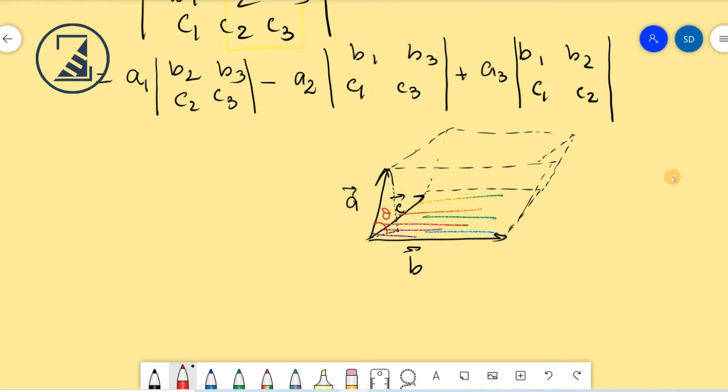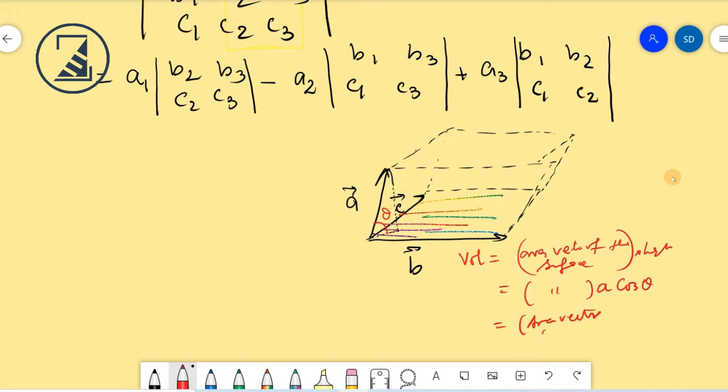Now we can say that the volume of the parallelepiped is equal to area vector of the surface multiplied by height. Height is nothing but A cos theta. Now we are getting the definition of dot product. So this is going to be area vector of surface dot A vector.